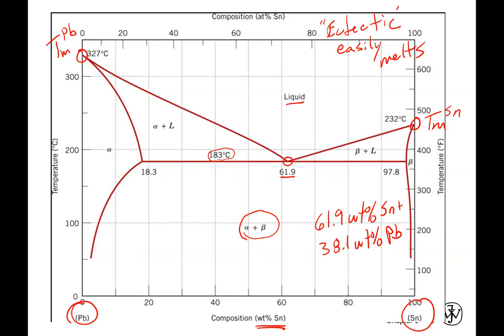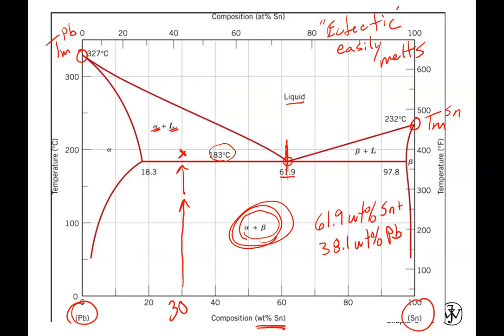Now, if I have less than or greater than the 61.9 composition, which is also referred to as the eutectic composition, then I get my range of melting again. So if I'm over here at 30, for example, and I'm heating up my alpha and beta solids, once I cross over 183, I'll be sitting up here in this region, and I'll have alpha and I'll have liquid.